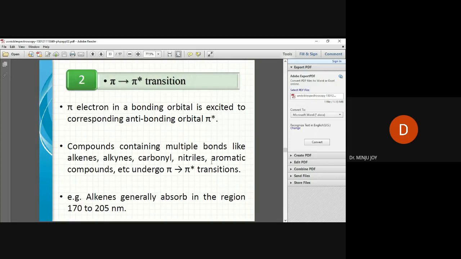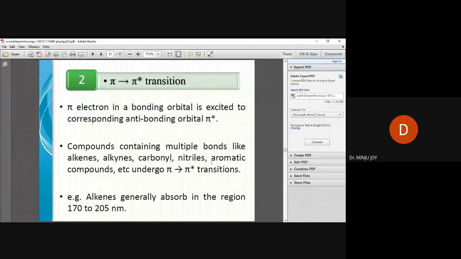Next comes pi to pi star. So pi electrons are excited towards antibonding pi star orbitals. Double bonds or triple bonds usually occur in this type of transition.